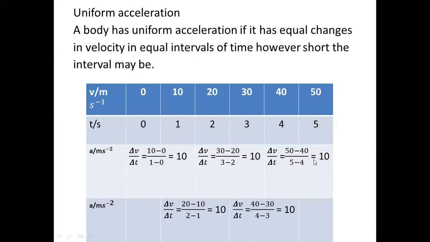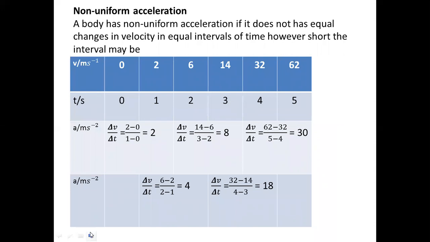Next, we have to see what is the acceleration for the time interval from 4 to 5. So the change in velocity from 4 to 5 is 50 minus 40, and change in time is 5 minus 4. Again, the answer is 10. So a body is said to have uniform acceleration if the velocity is changing equally in equal intervals of time.